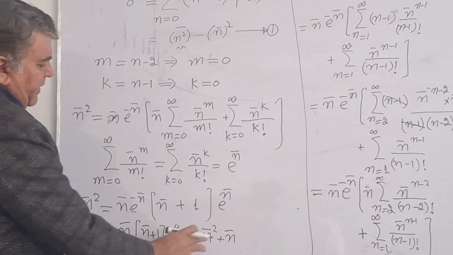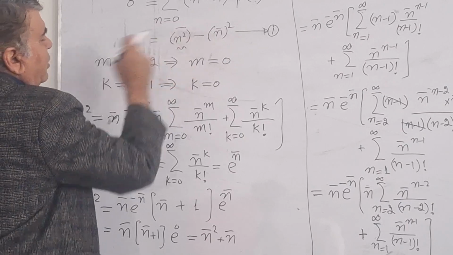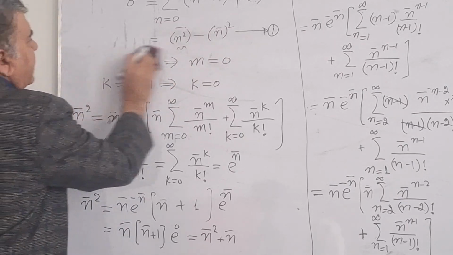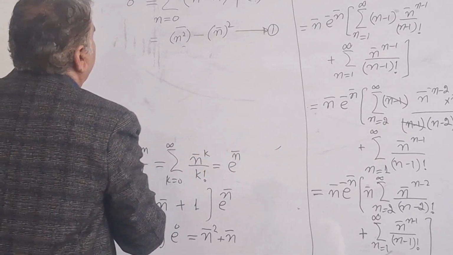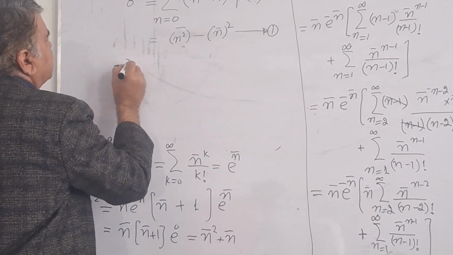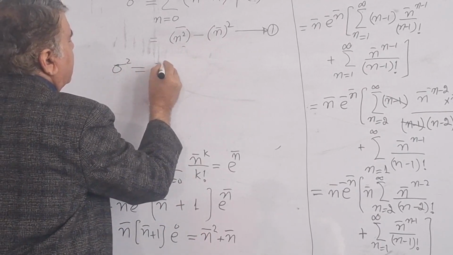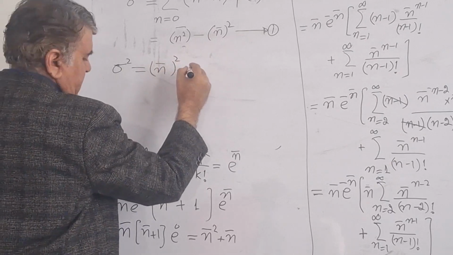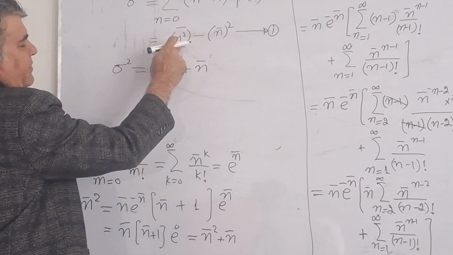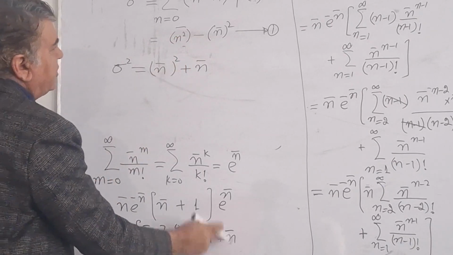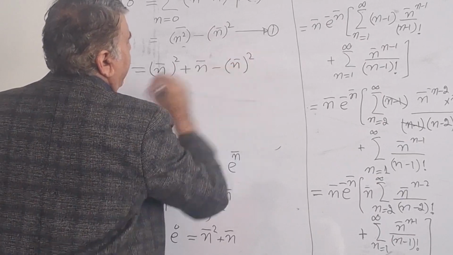So n bar whole square is in fact equal to square of the average of n plus average of n. And now if I replace this value of n bar square in this one equation, I can then write things like this, that is sigma squared equals n bar squared plus n bar. It is the value of this thing from this equation, and then I'm writing that n bar squared.